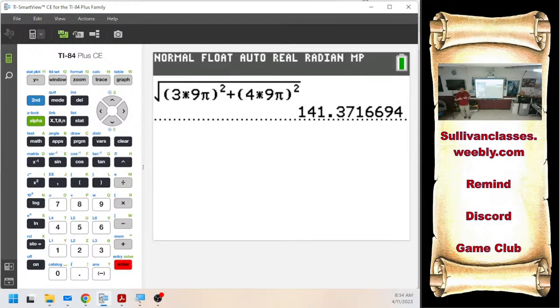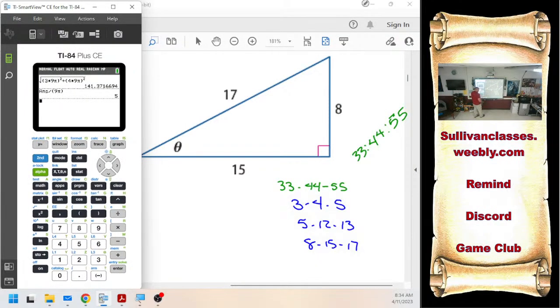So I took a 3, 4, 5 triangle and I buffed it up by 9 pi. If I take that answer divided by 9 pi, take a wild guess what's going to happen. 3, 4, 5 triangle. Okay? So they scale by whatever you want. That's why knowing Pythagorean triples comes in really handy. Okay? 3, 4, 5, 5, 12, 13, and 8, 15, 17 are the most commonly used ones.